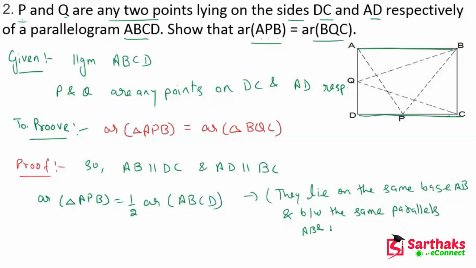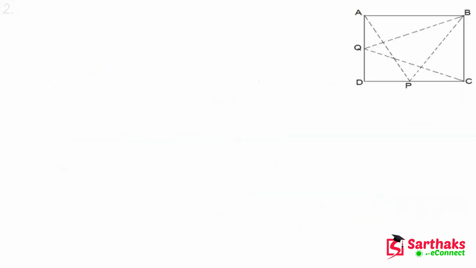Similarly, triangle QBC and parallelogram ABCD lie on the same base, which is BC, and between the same parallels AD and BC.